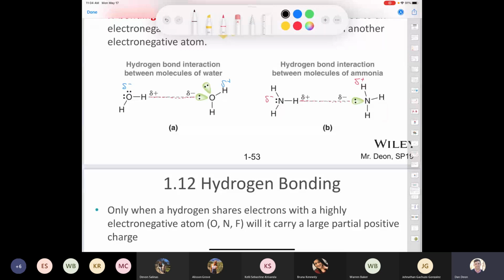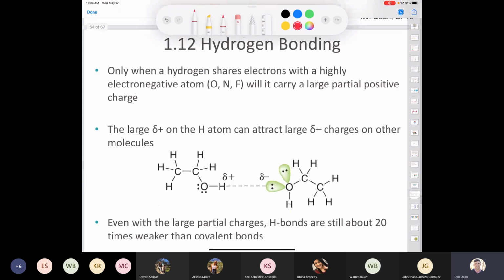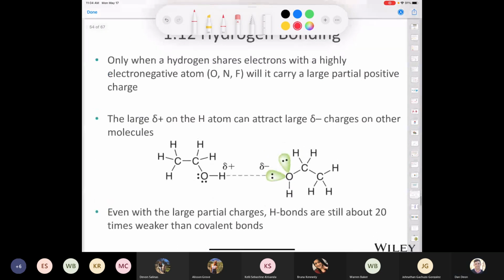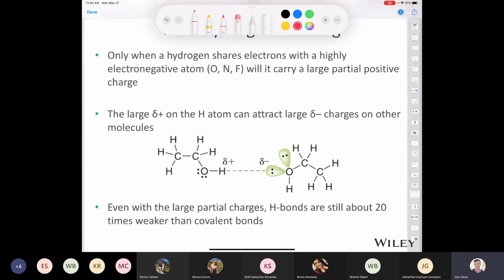Let's say you had two molecules of HF. So HF, right? This shows fluorine. All right, how would I show it? If I was a student, I'd put delta plus here, delta minus here, and then I'd show the hydrogen bond like that, okay? Only when a hydrogen shares electrons with an oxygen, nitrogen, or fluorine, it's going to have a high enough partial positive charge that it can form a hydrogen bond.